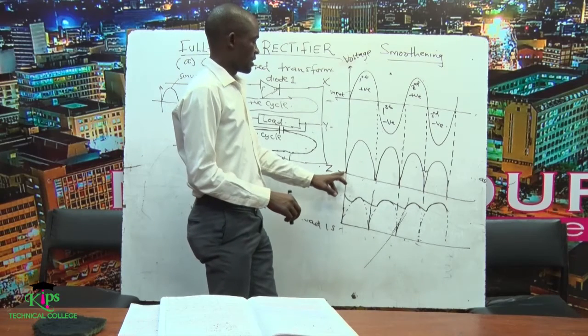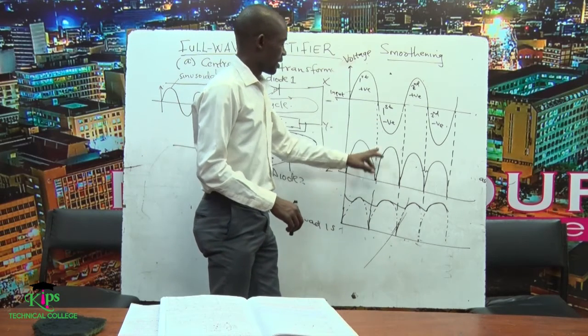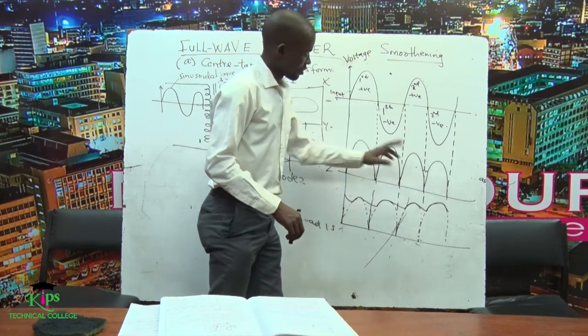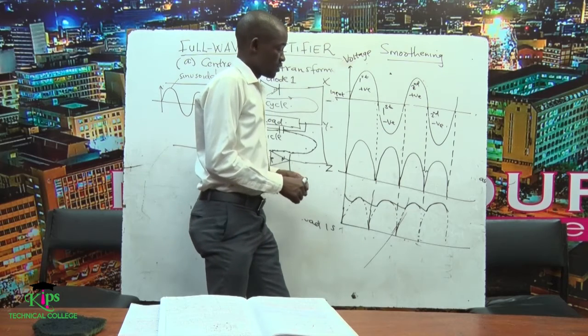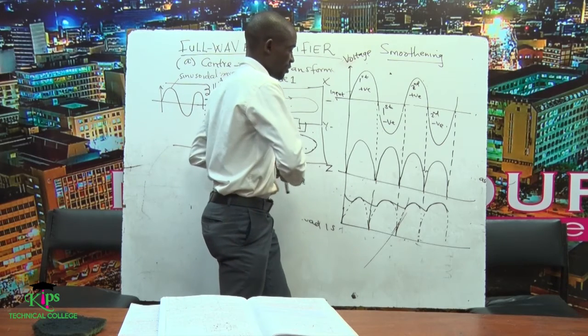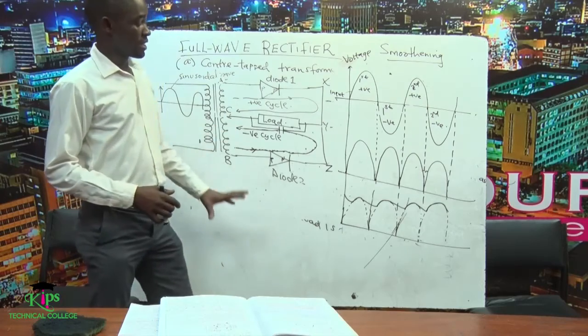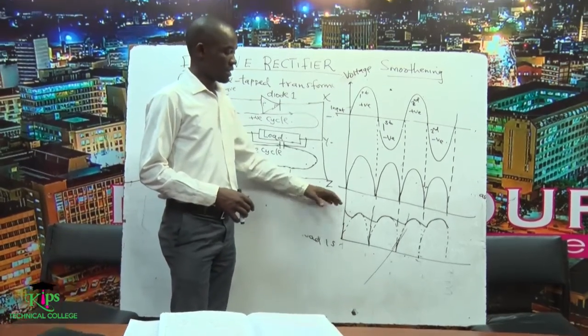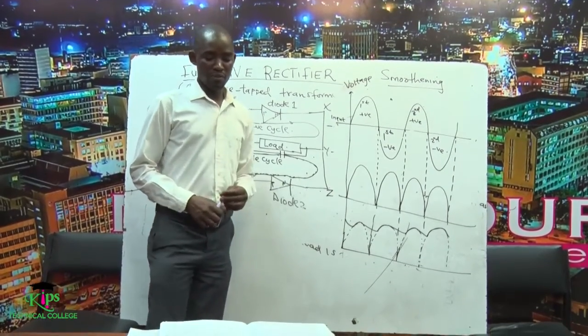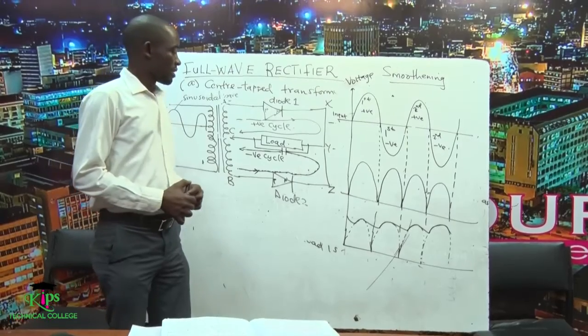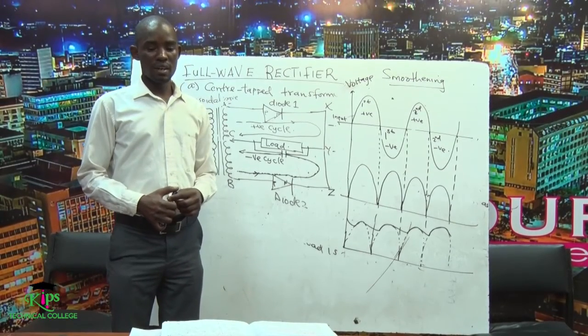But you can see for the other case, it has to go up, down, come up, go down. But with this one, we are trying to achieve something that is almost a straight line. And those are the three waveforms that are normally examined. You need to understand this concept. So with those few remarks, we want to stop there until our next session.